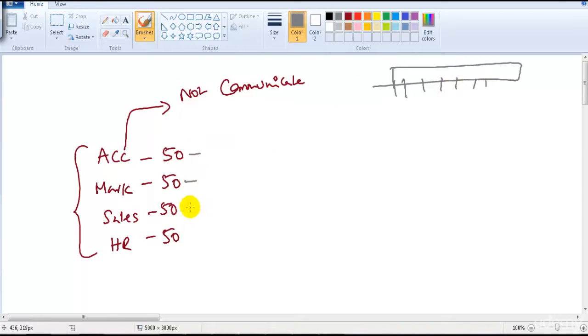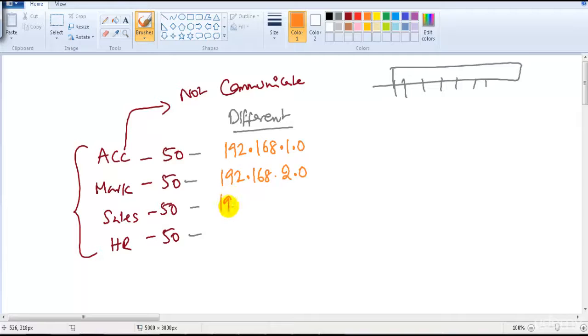To make that possible, I can configure them in logically different networks. Let's say I'm using a C-class network: 192.168.1.0 for the first department, 192.168.2.0 for the second department, 192.168.3.0 for the third, and 192.168.4.0 for the fourth.